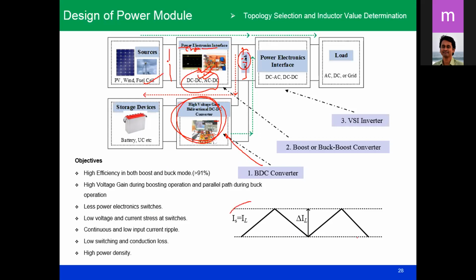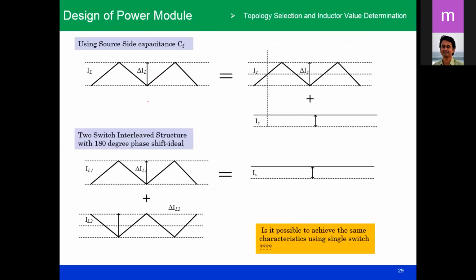Definitely the ripple current is an issue. The best part is that the ripple content is bypassed through the capacitor, so that you get a steady current coming in from the PV side. You can see from the graph here, this is the ripple current.